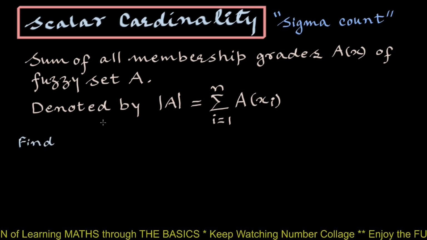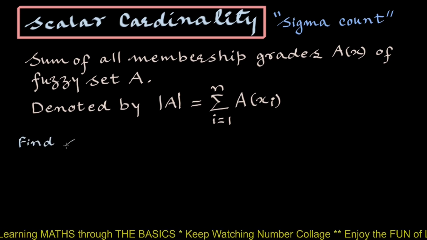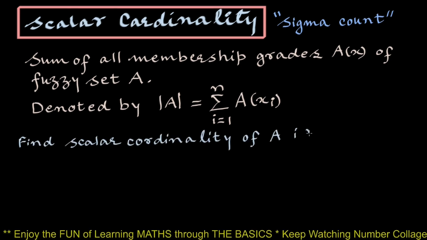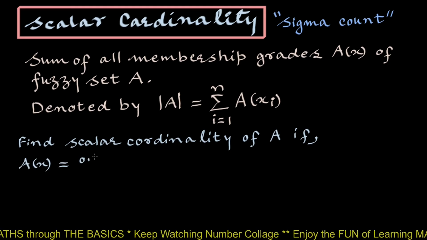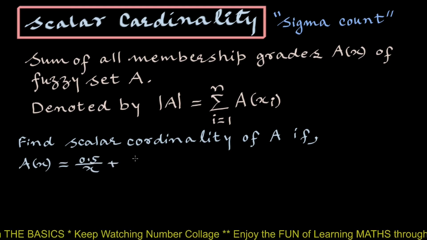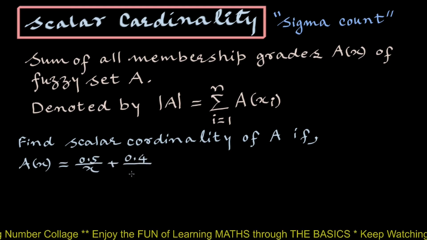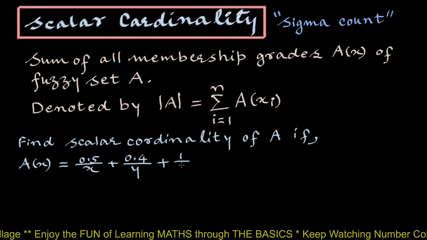Let us find scalar cardinality of fuzzy set A if A of x is 0.5 upon x plus 0.4 upon y plus 1 upon z.